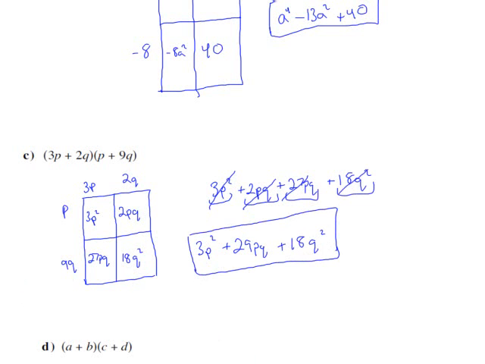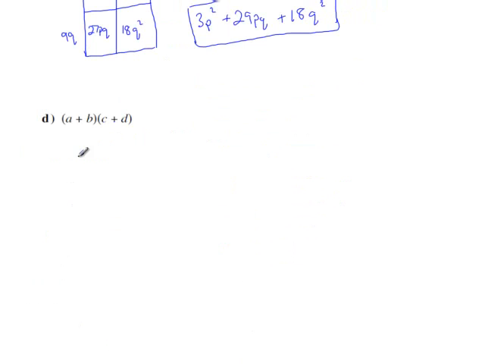And last one. So a plus b times c plus d. Draw in your rectangle. We have a positive a and a positive b. On the other side we have a positive c and a positive d. Draw lines in to separate. A times c is ac. B times c is bc.